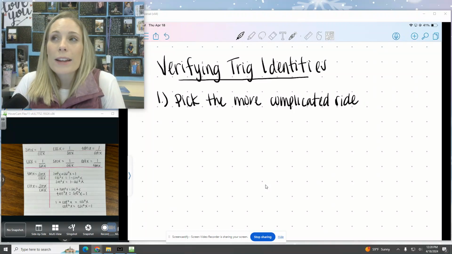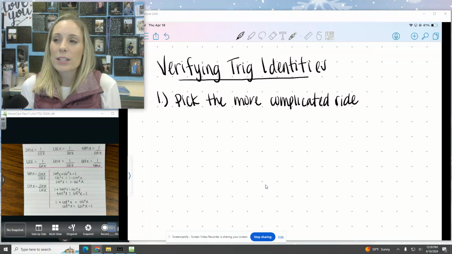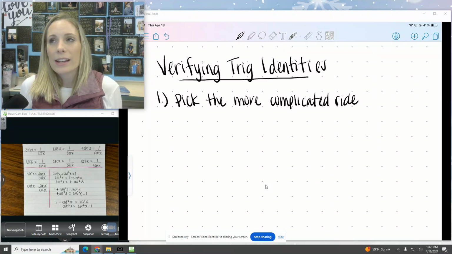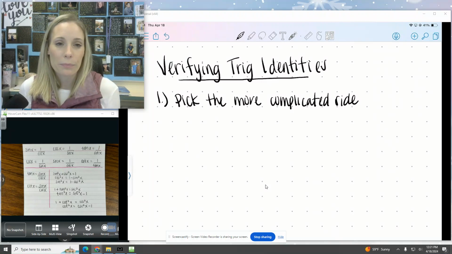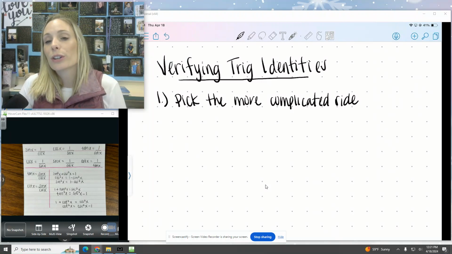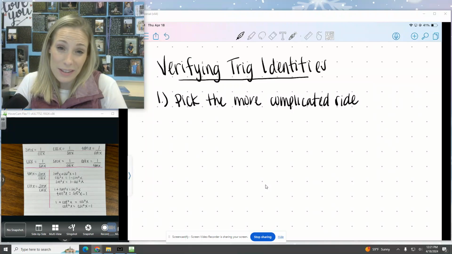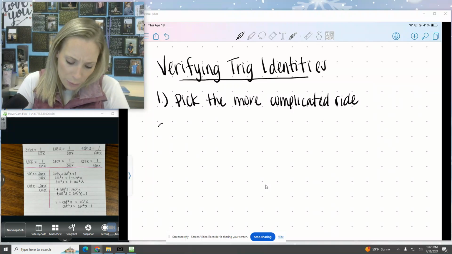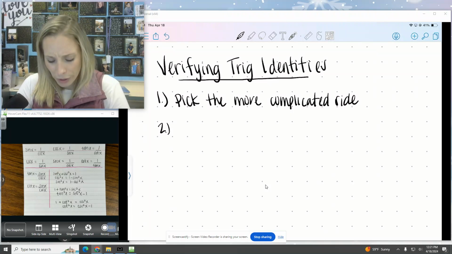It is a lot easier to take something that is pretty complicated and make it simpler than to take something that's simple and blow it up. So the first thing that you're going to do is pick the more complicated side. The next thing you want to ask yourself is, can I algebra?